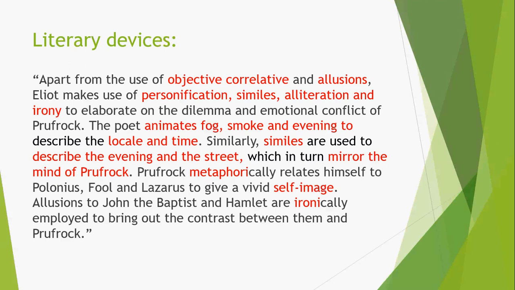So we find a lot of use of similes that describe the evening, the street, and whatever the poet is using there are reflective of Prufrock's mind. So we find the use of metaphors, we find the use of images, we find the use of irony in Prufrock. There is not much time for us to continue the discussion today.